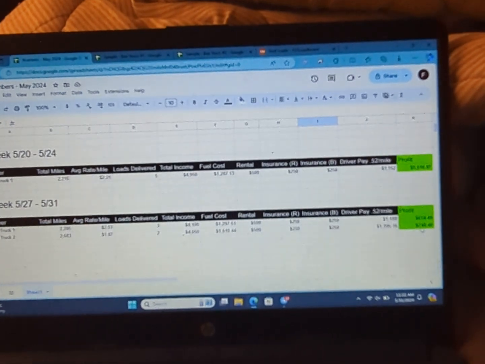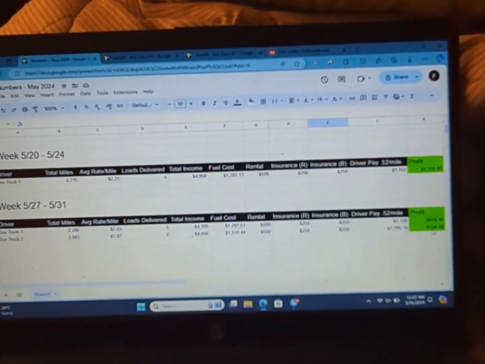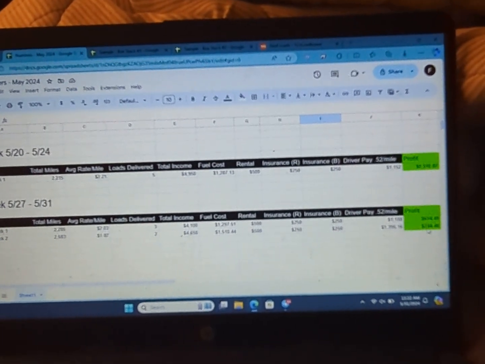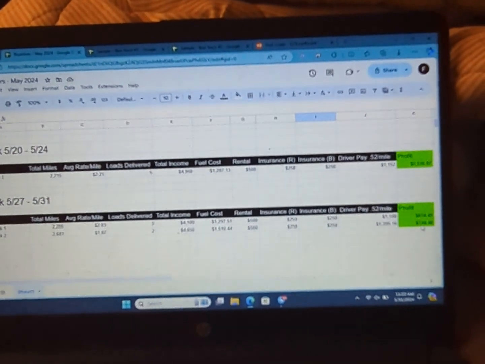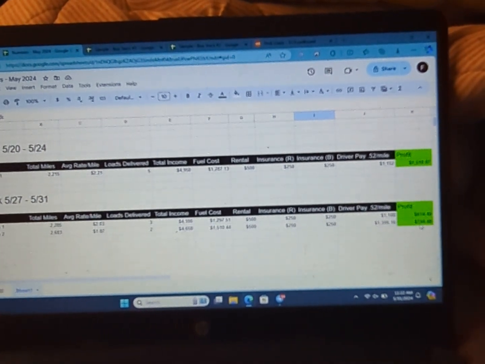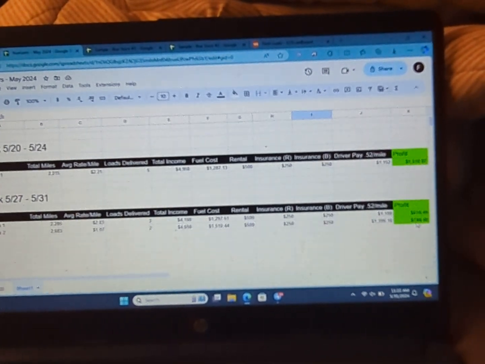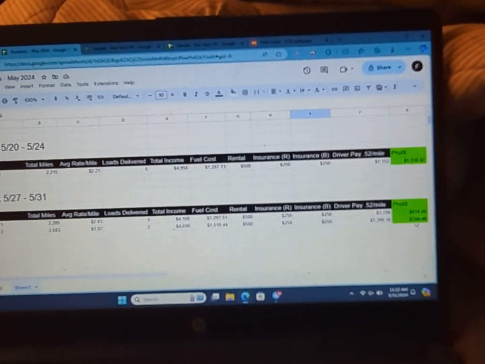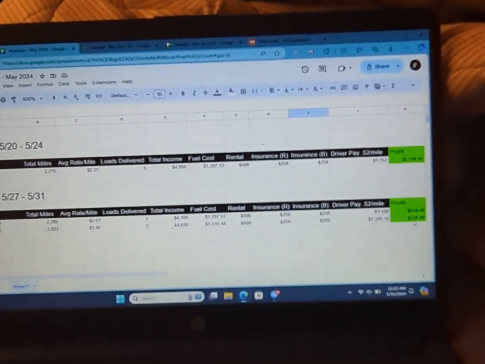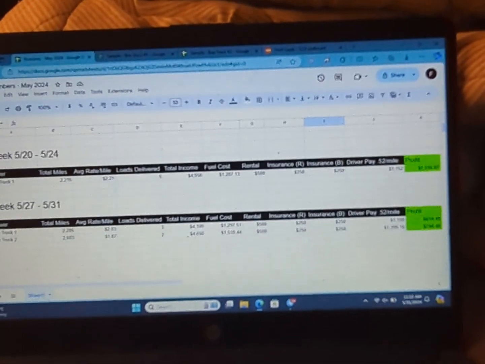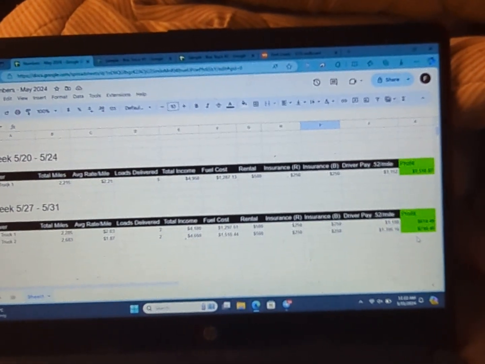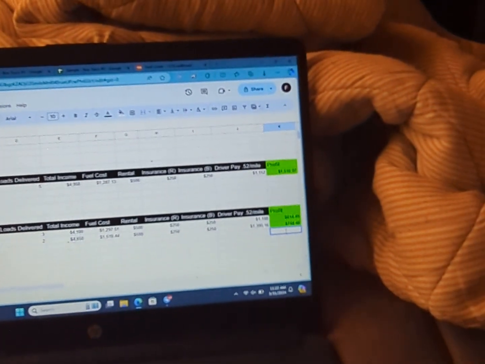The second box truck got me $744.40. So let me see what that total is. I need to add that. 614.49 plus 744.40. That's $1,358.89.